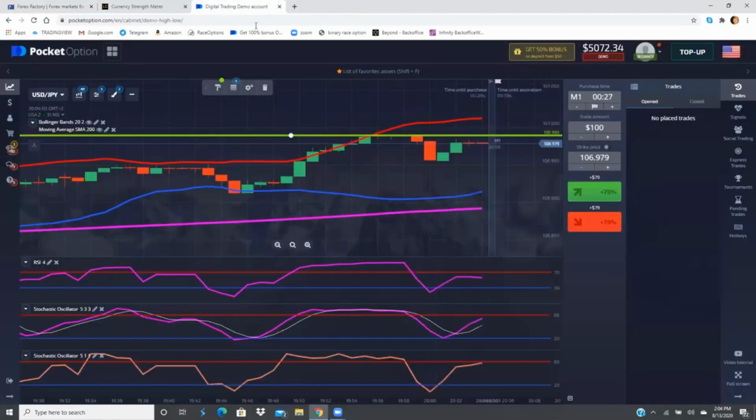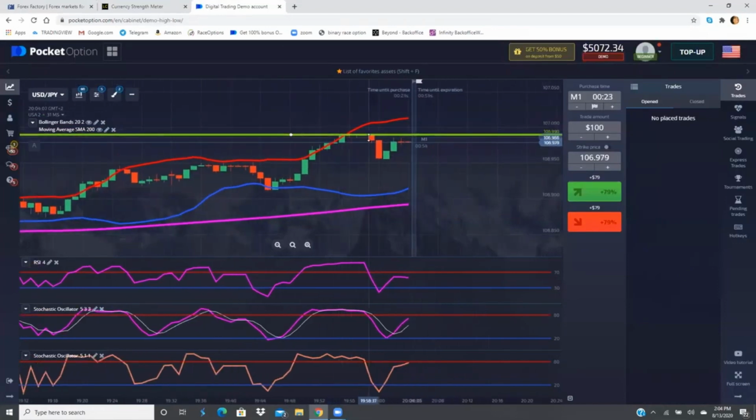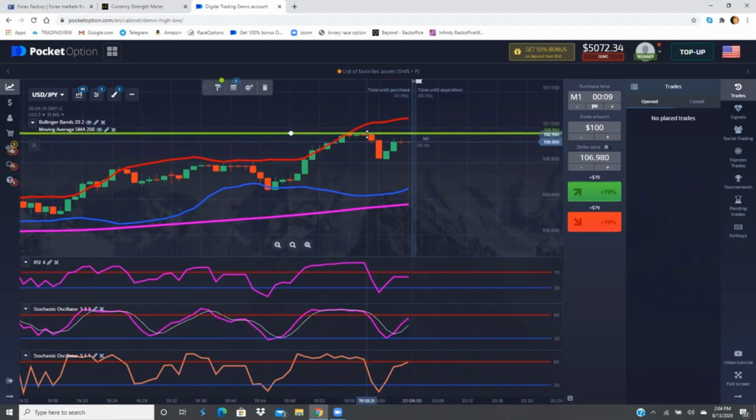Let's go back over to Pocket Option. And again, the same pair, Pocket Option gave us a little bit of a sell, right? So we could have got in here. It was kind of playing around in my area of resistance. It gave me a green, a red, a green, a red. So this was a strong area of resistance.